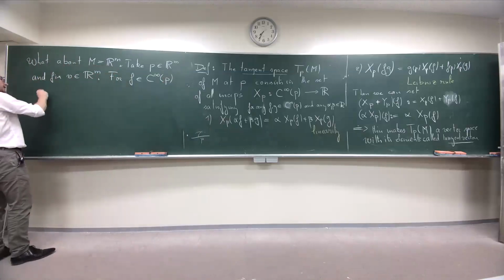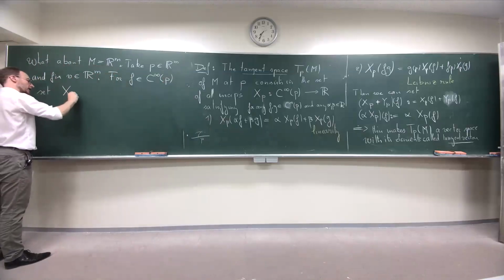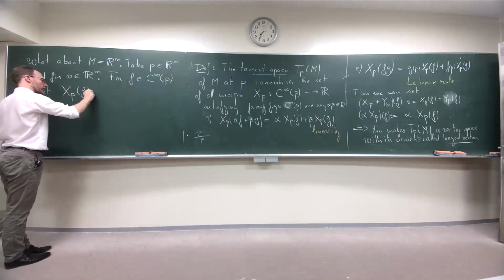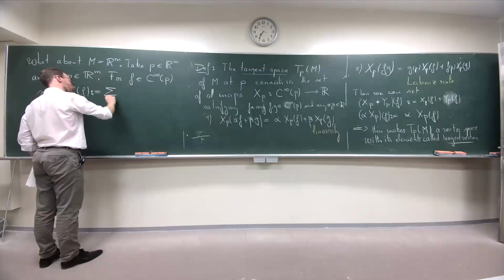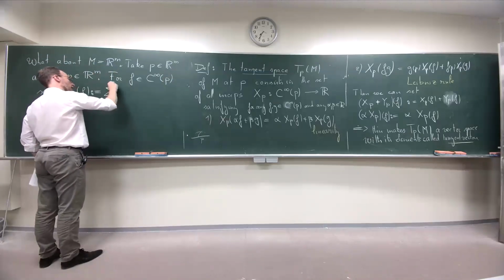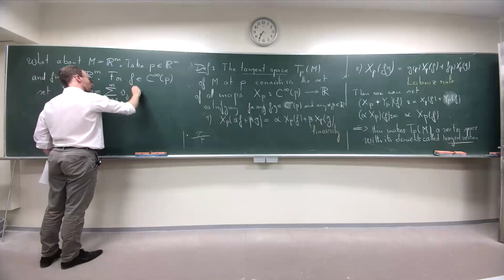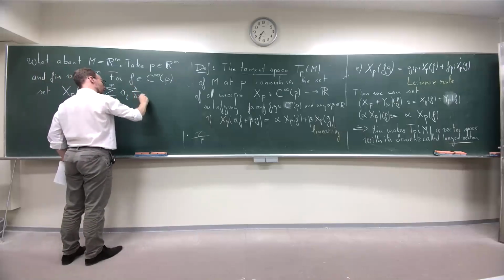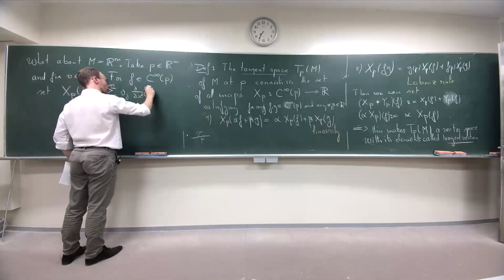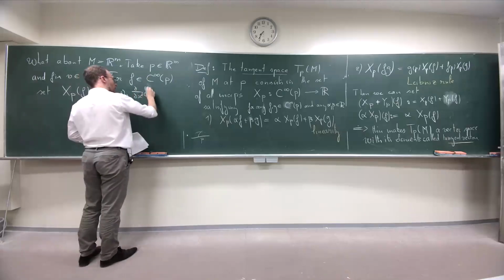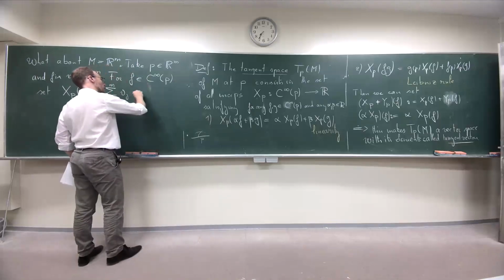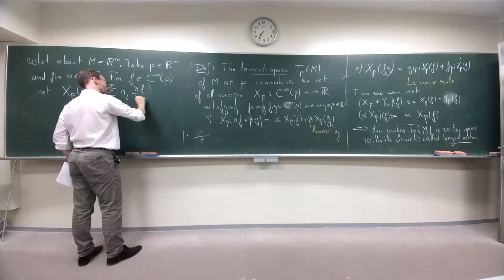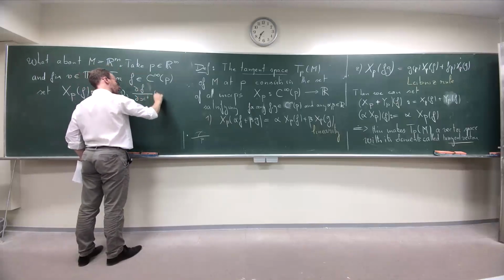Okay, I'm going to set X_p(f) to be the sum for j from 1 up to m of v_j times ∂f/∂x_j, evaluated at p.